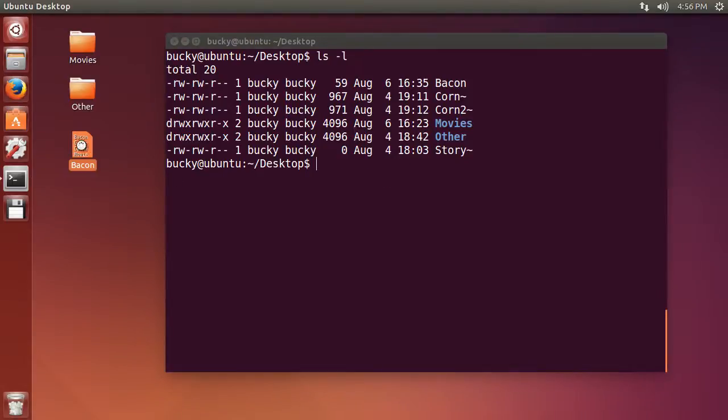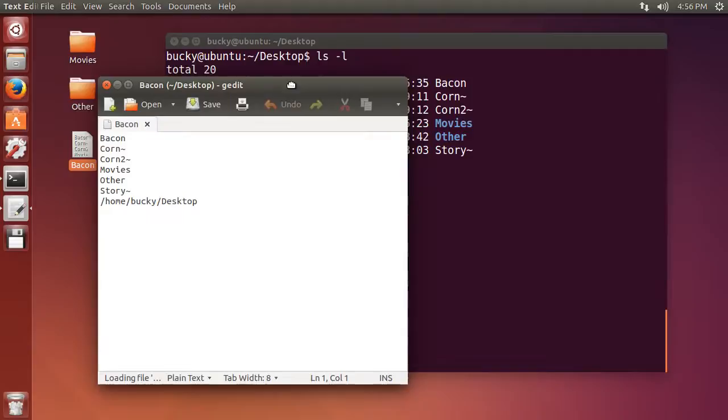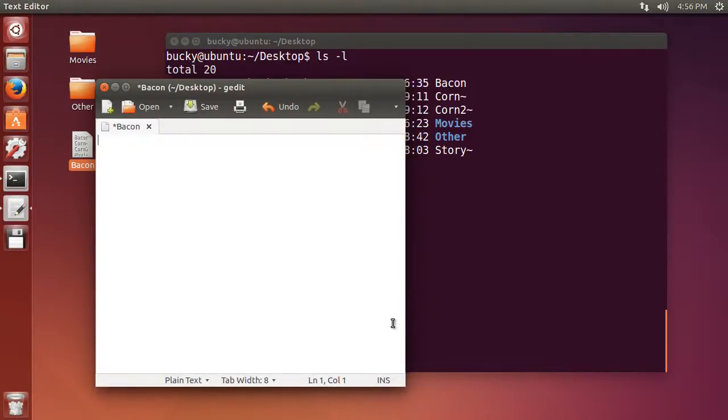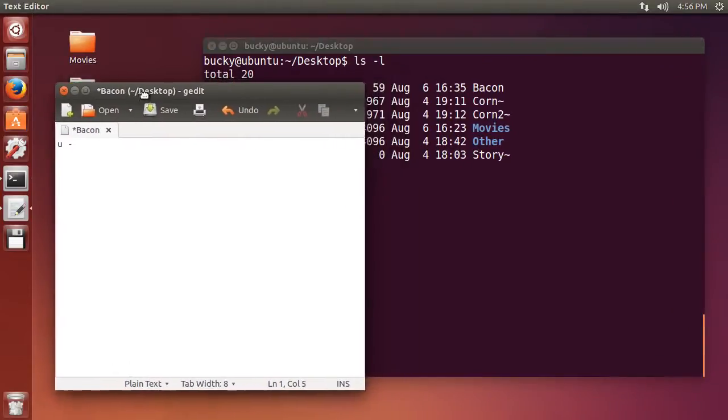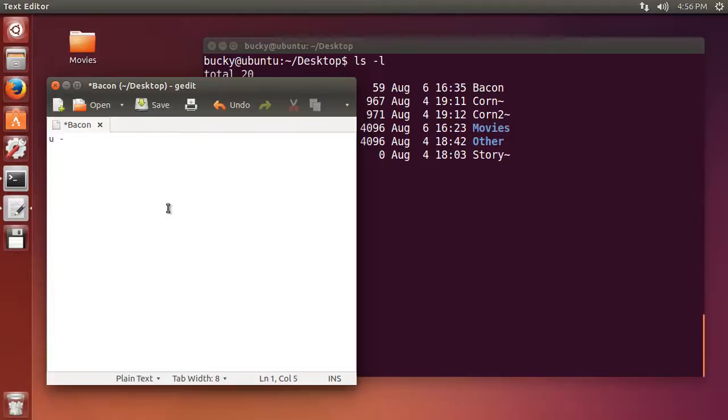What I'm about to teach you right now is probably easier if you have a little cheat sheet to look at. So let me type this so when I'm explaining it, you can see what's going on. The letter U is for user, and that would be the main owner of the file, the one that usually has the most privileges.